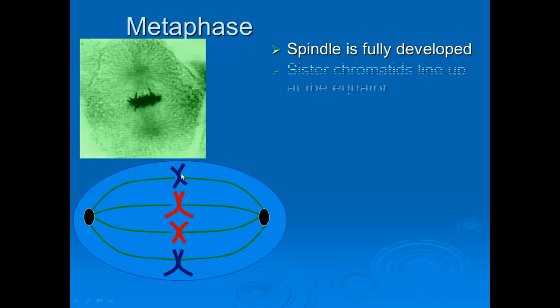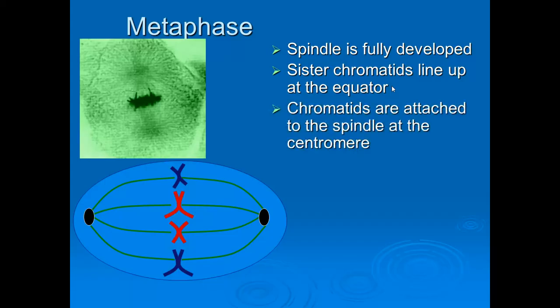The sister chromatids have lined up at the equator, and this is called the metaphase equator. It's sometimes called the metaphase plate as well. The chromatids are attached to the spindle.